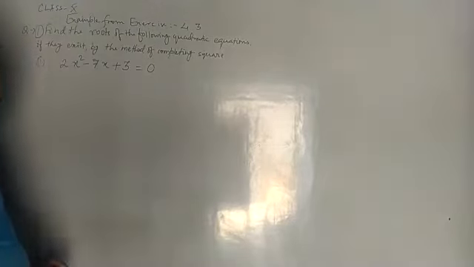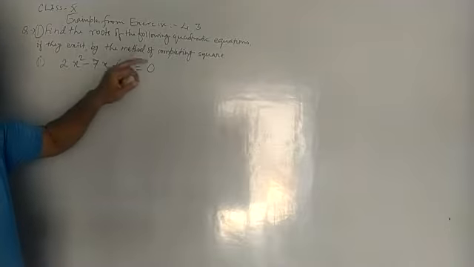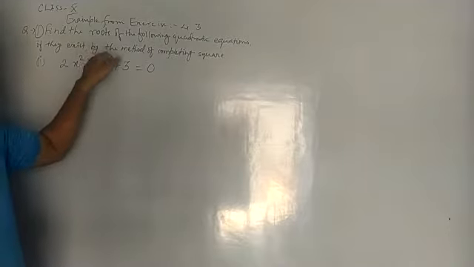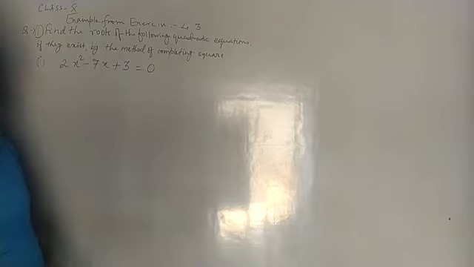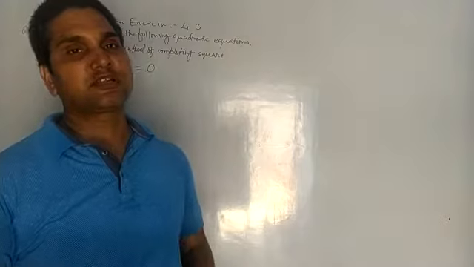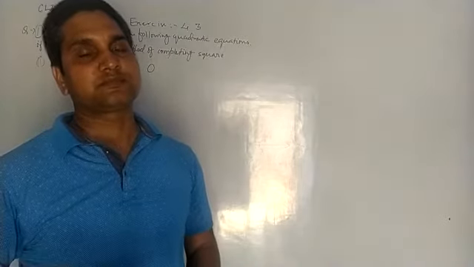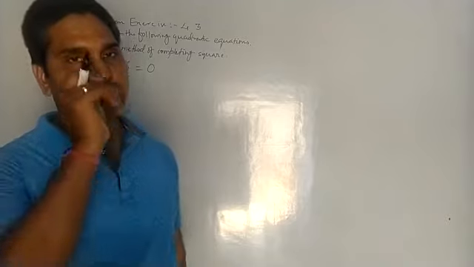For that I took an example from the exercise. Find the roots of the following quadratic equation if they exist. So if they exist by the method of completing the square, meaning if a solution is possible, then they told us to search those solutions.